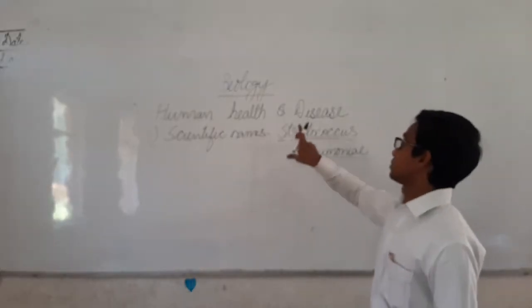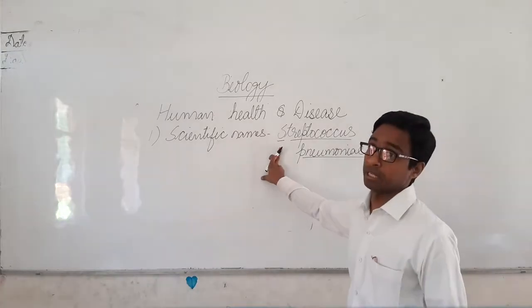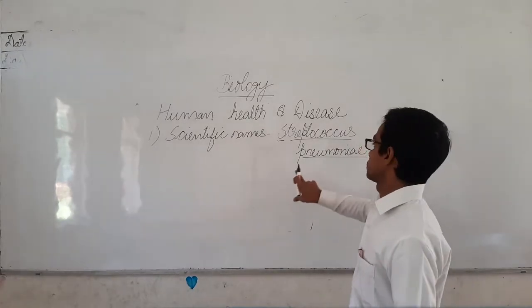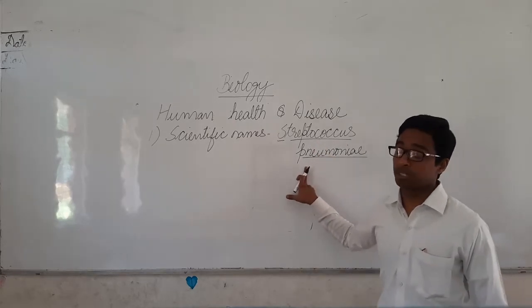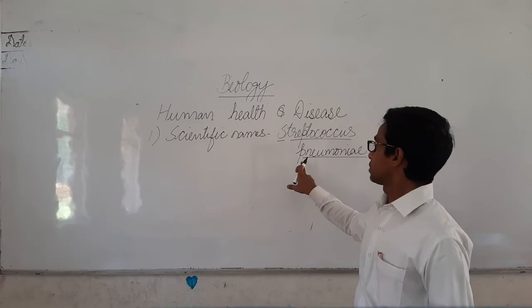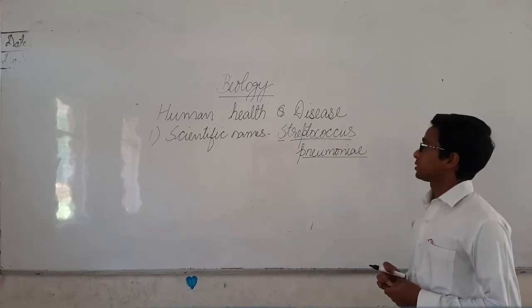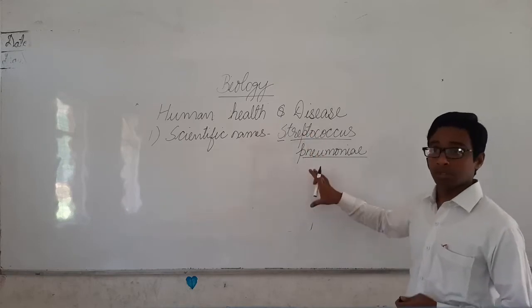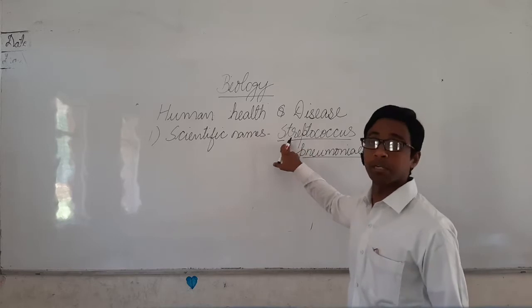Once again, the first alphabet of the genus name must be written in capital form and the first alphabet of the specific name must be written in small form. That is the first rule. The second rule is that after writing the names, we have to underline both the genus name and the specific name.